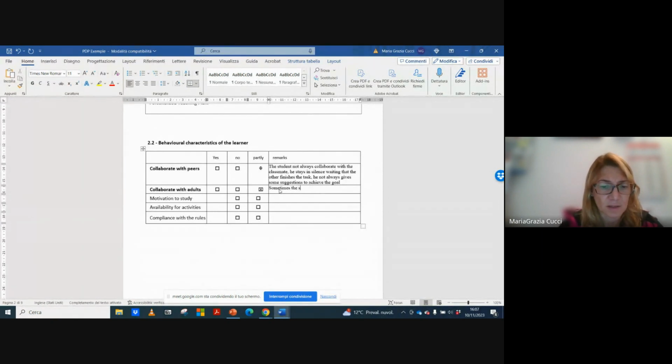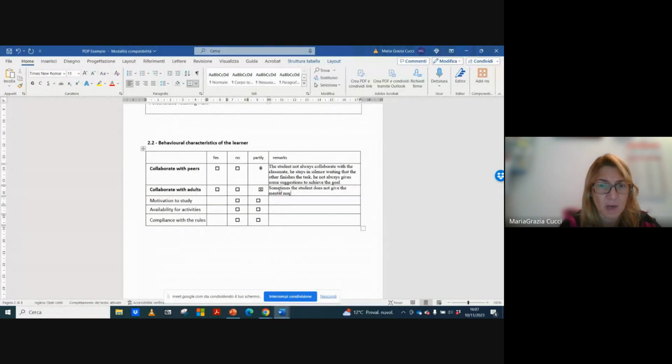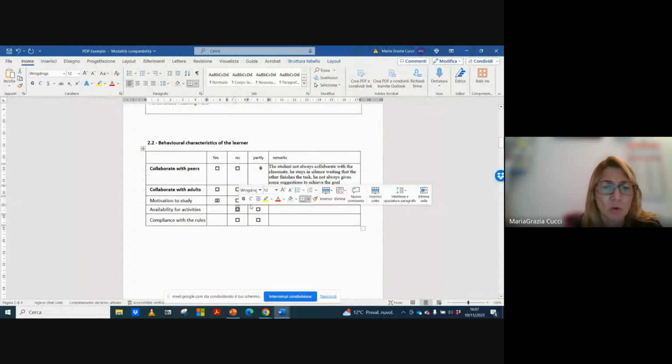Sometimes the student does not give the mental maps on time before the school exercise. Maybe motivation to study is okay. Availability for activities, no.